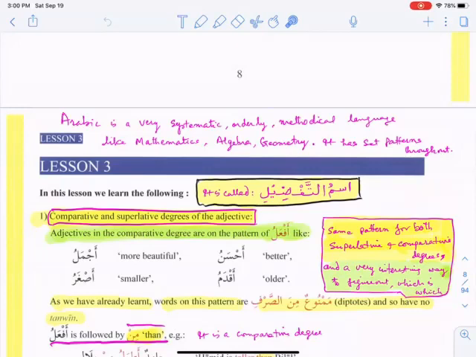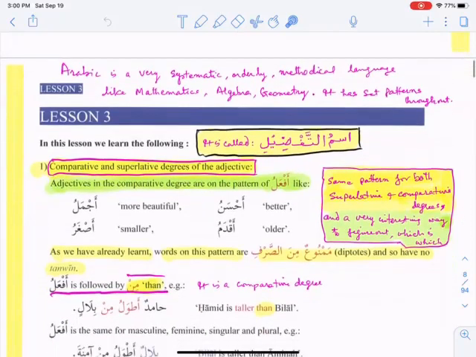Superlative and comparative degree have no change. The only change is when there's a min coming after the af'alu, it becomes comparative. And when there's a mudaf ilayhi coming after af'alu, and it is a singular noun, majroor, then it becomes superlative degree.